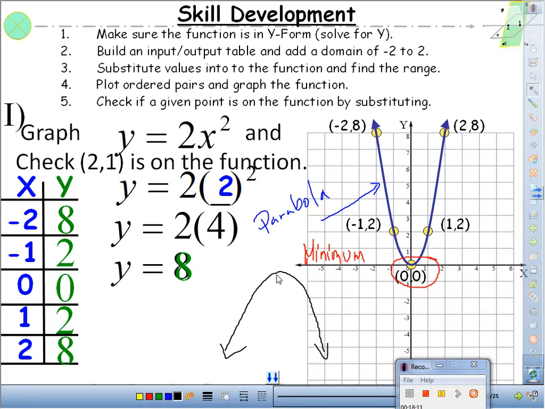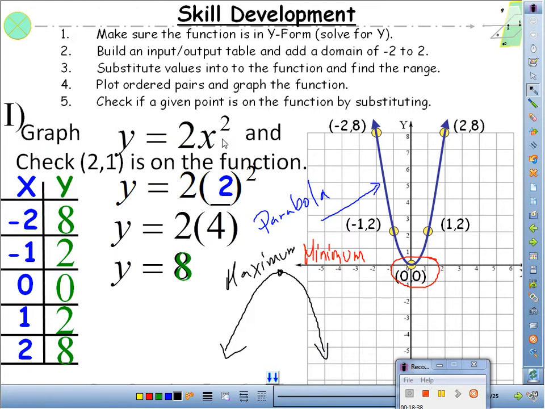So guess what this is called? Maximum. So notice this. When it's like this it's called a minimum. When it's like that, this is called a maximum. You don't name the curves. We name the point. The lowest point is the minimum. The highest point of the curve is a maximum. Okay? All right. Next.